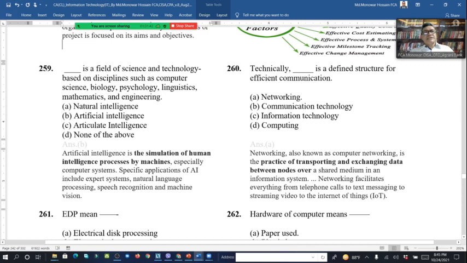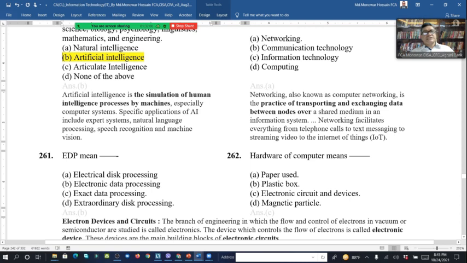Dash is a field of science and technology based on disciplines such as computer science, biology, psychology, mathematics, engineering. Here the basic answer is artificial intelligence. And what is artificial intelligence?